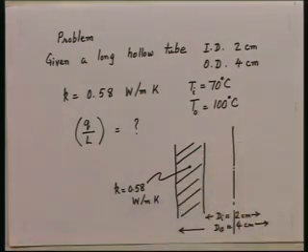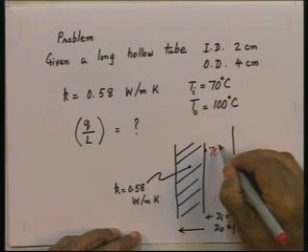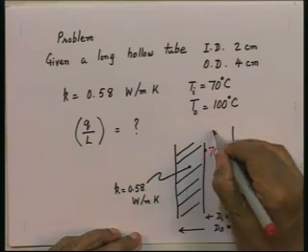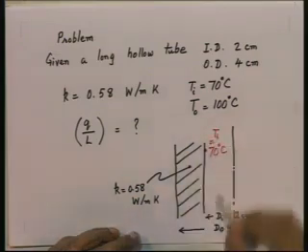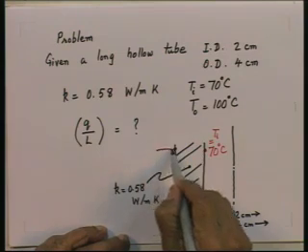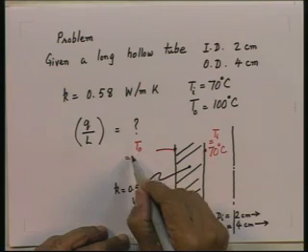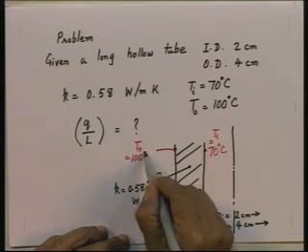Now, the inner face is at a temperature of 70 degrees centigrade. This is T_I. And the outer face is at a temperature T_O of 100 degrees centigrade.